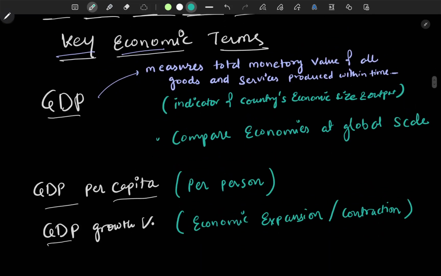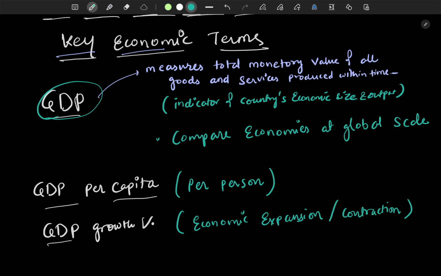So let's go through some key economic terms. What is GDP? GDP is gross domestic product, which is the monetary value of all goods and services produced within a specified time. For example, we are going to look at the current financial year, which is between 1st April and 31st March. In that period we calculate all the goods and services produced and their monetary value.